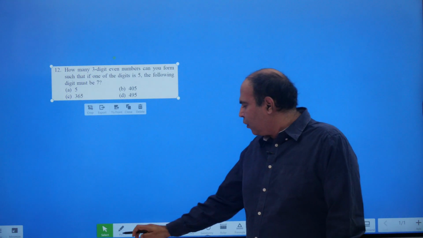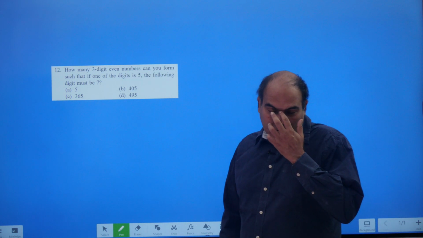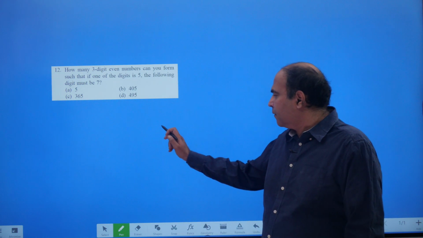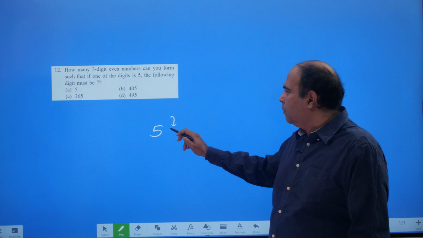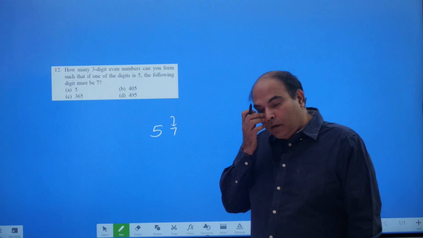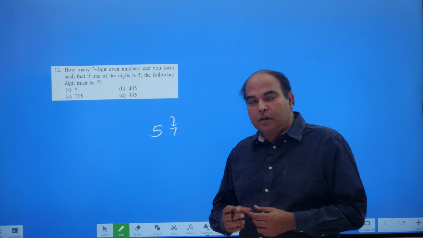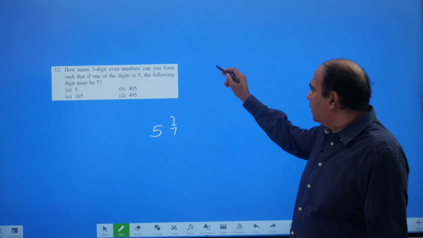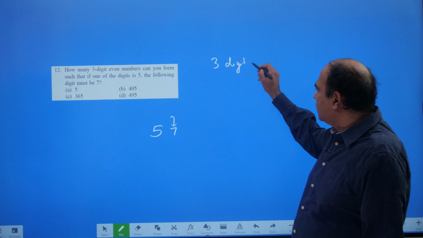So we are talking about three-digit even numbers, right? The condition is very clear: if one of the digits is 5, the following digit must be 7. But this condition is only applied if one of the digits is 5. The core principle is that we are looking to count three-digit even numbers.